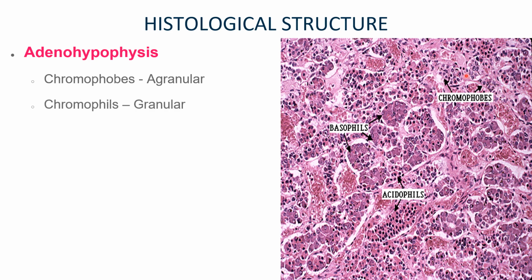So chromophobes are agranular cells, and it is considered that chromophils are derived from the chromophobes. Chromophils or granule cells constitute 50% of the cells of the anterior pituitary. So these chromophils are further classified as acidophils and basophils.